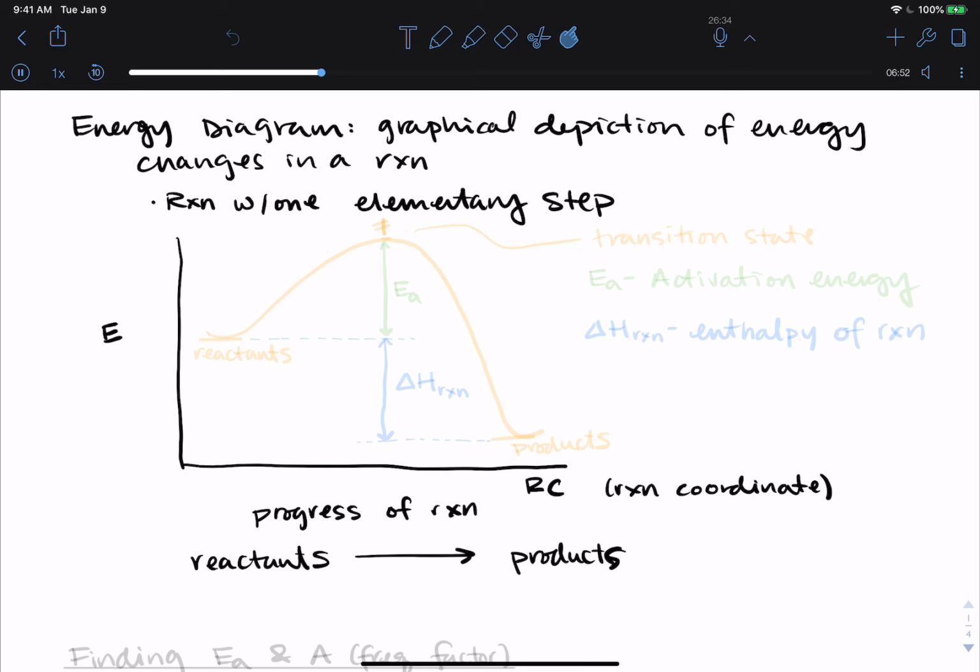So what we have is that our reactants will be at some energy on here. Now, depending on when we talk about this, we may or may not have covered the thermodynamics chapter yet. If we have covered the thermodynamics chapter, this will mean a lot more to you.